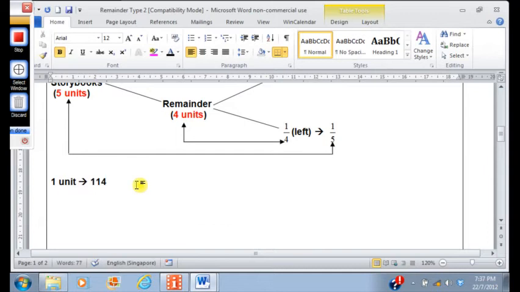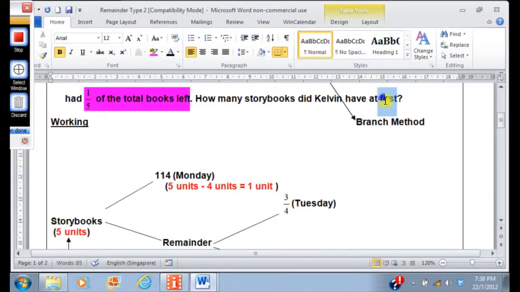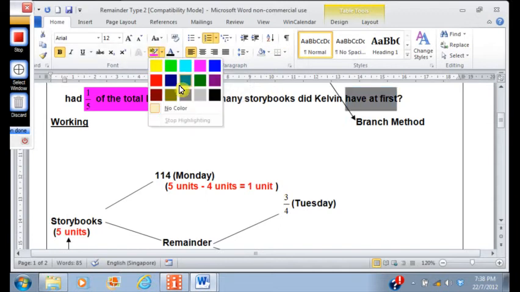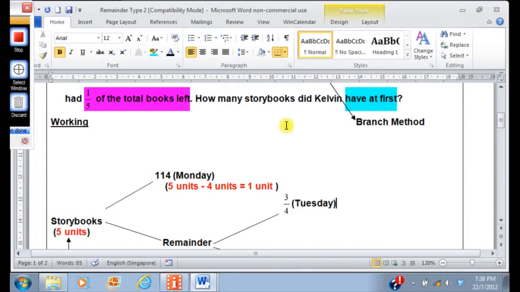He had 5 units in the beginning, so that will be 114 times 5, which gives you 570, and that is the total number of books he had at first.